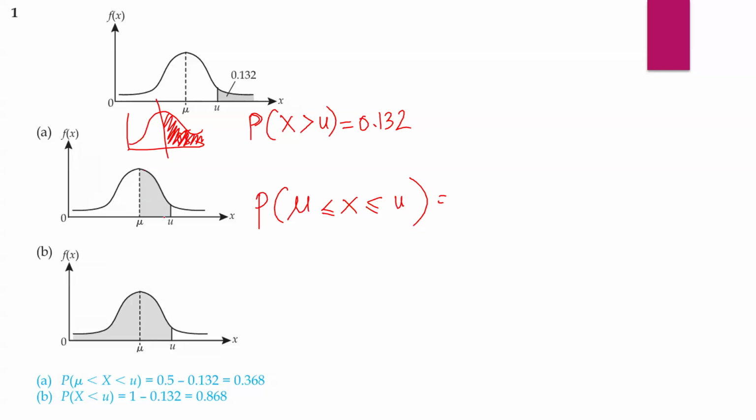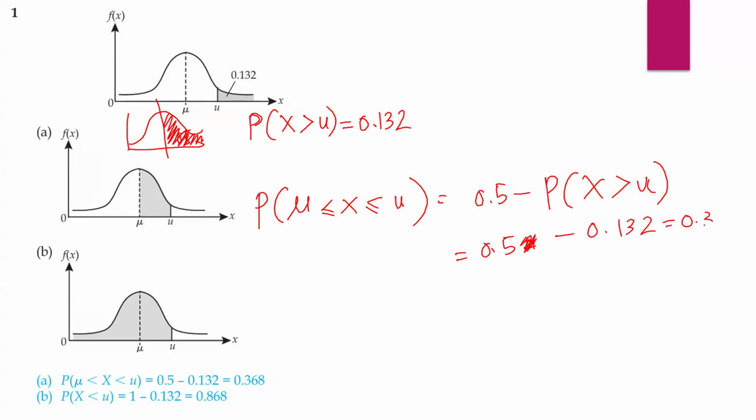So what we get is using 0.5 minus the probability which is greater than U, where the probability X greater than U is 0.132. Okay, so I get the answer for the second one.